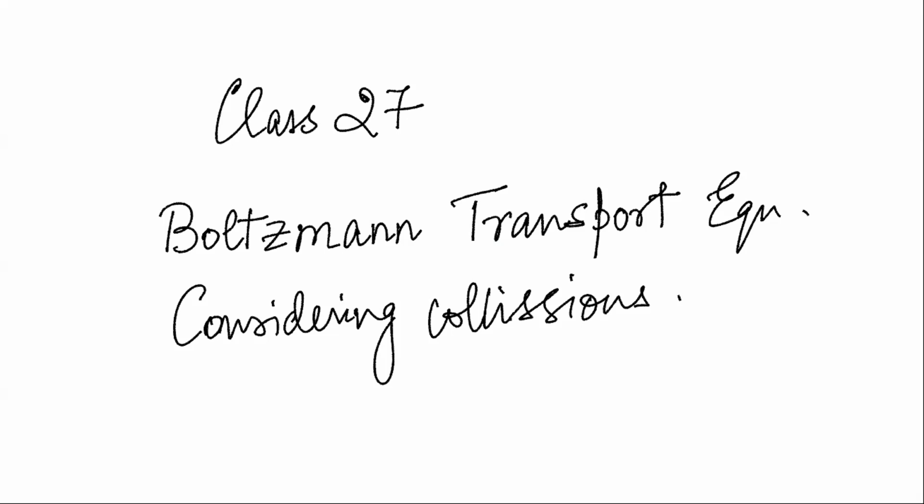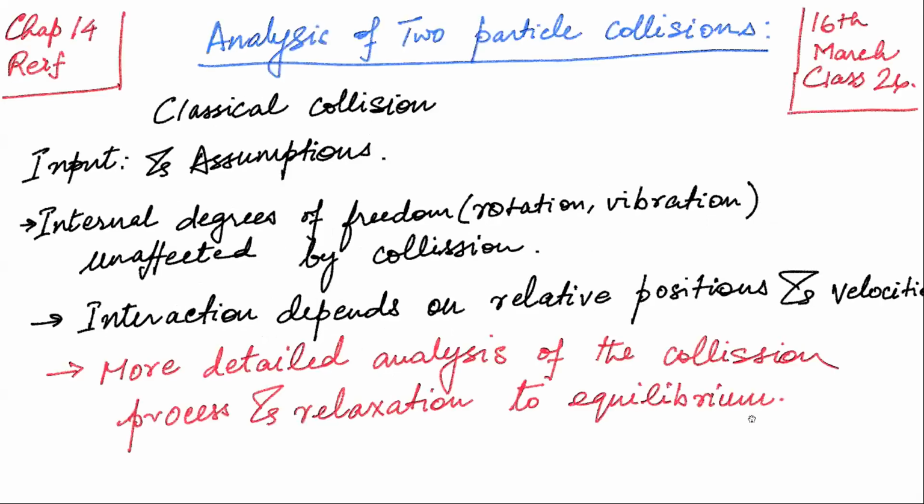So what we're going to start with is a detailed discussion of how to change various coordinates, and having done that, discuss something called an inverse collision, and finally in the last moments of the lecture, we are going to start discussing the Boltzmann transport equation. So we'll start with the discussion of the collision process.